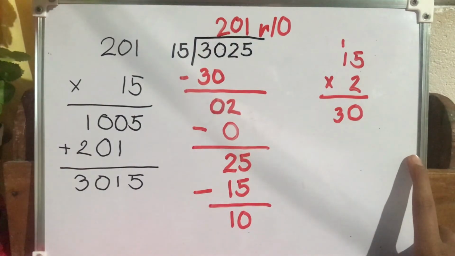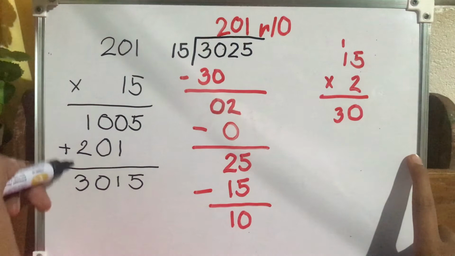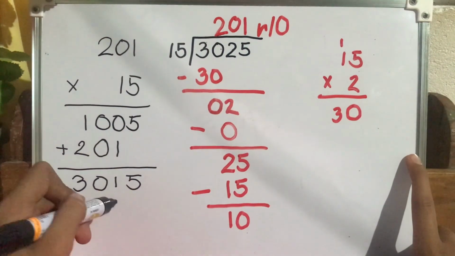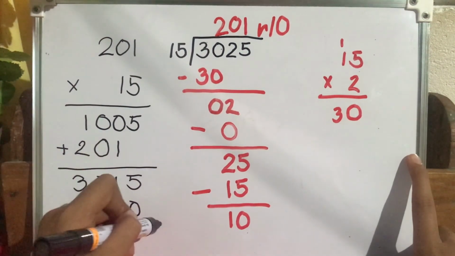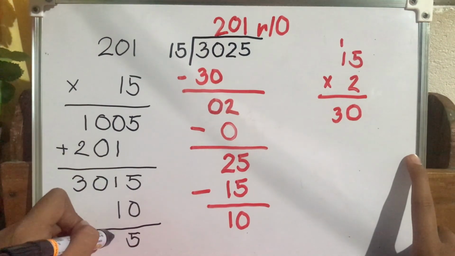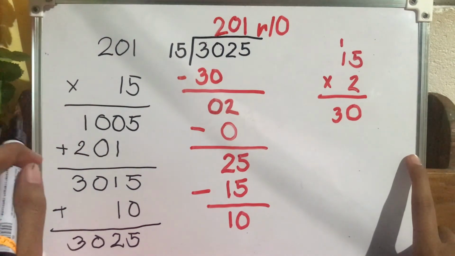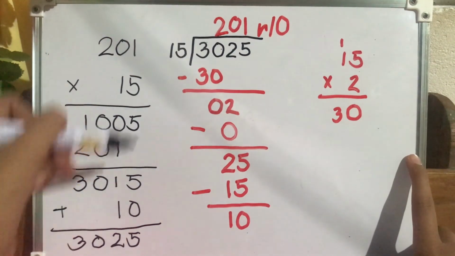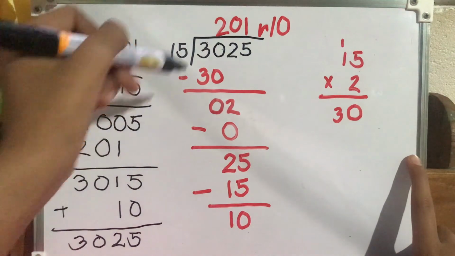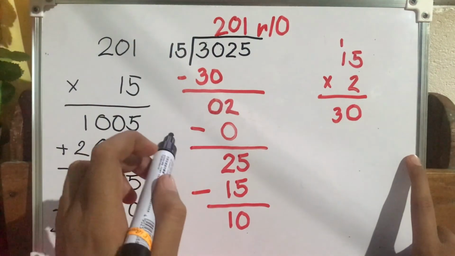So we will add the remainder. So 10. We will add 10. So this will be plus 10. So that's 3,025. So notice that this one is the same. So that means our answer here is correct.